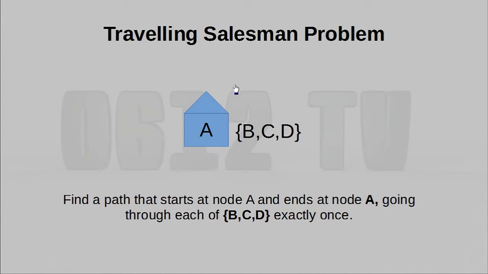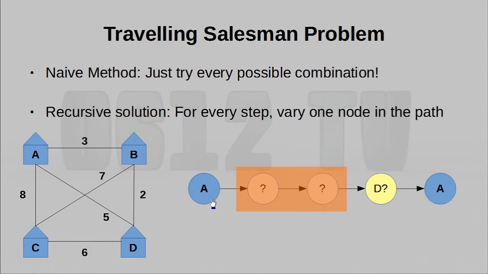If I say this, what this means is I want to find a path that starts at node A, it ends at node A as well, and before it goes back to node A, it needs to visit B, C, and D, each one of them exactly once. Now, what this basically means is that if we were to go back to the graph just now, we just want to solve the traveling salesman problem on this graph.